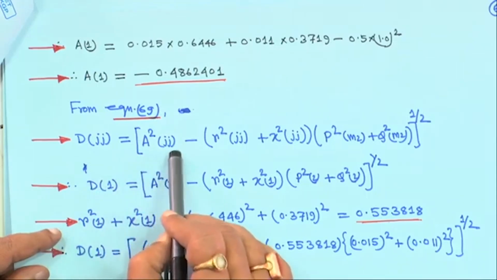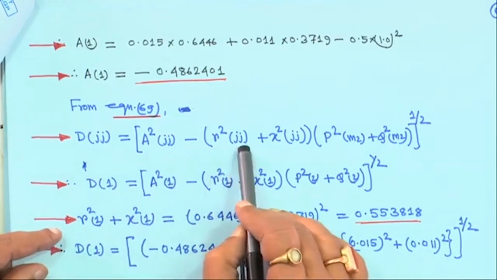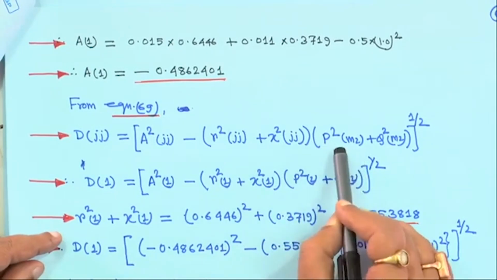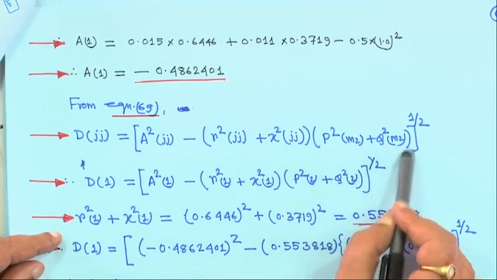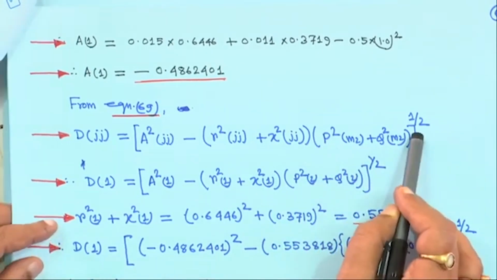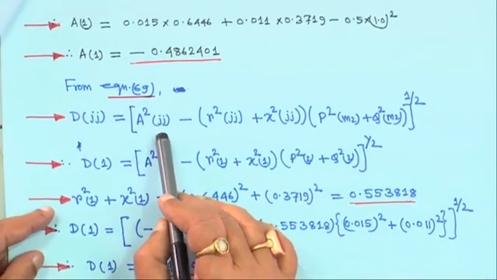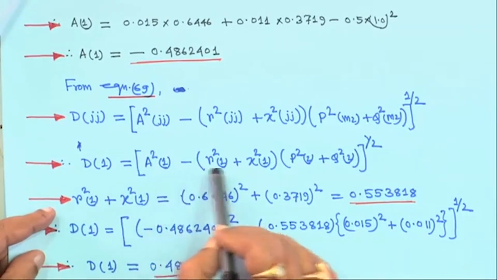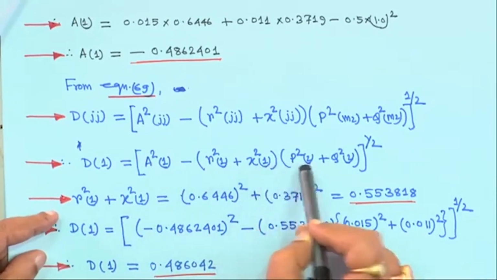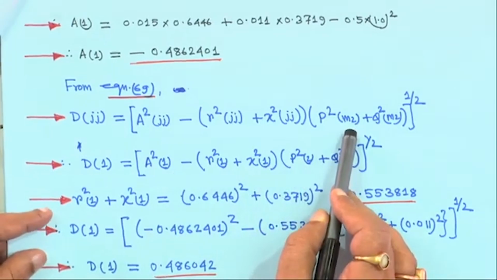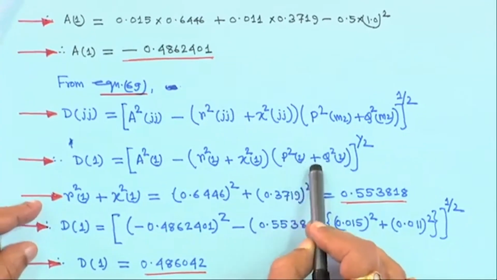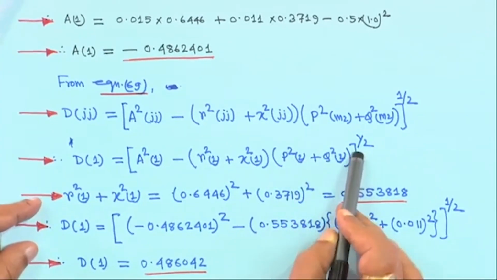So, Djj is equal to A square jj minus (R square jj plus X square jj) into (P square m2 plus Q square m2), bracket close, to the power half. Therefore, jj is equal to 1, therefore D1 is equal to A square 1 minus (R square 1 plus X square 1) and m2 is equal to 2 for jj is equal to 1, therefore (P square 2 plus Q square 2) to the power half.